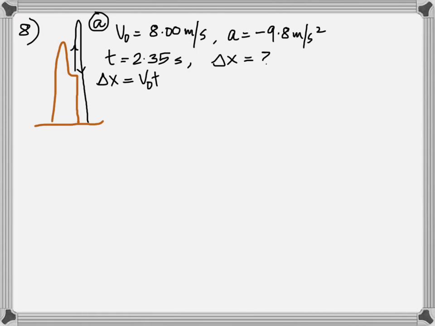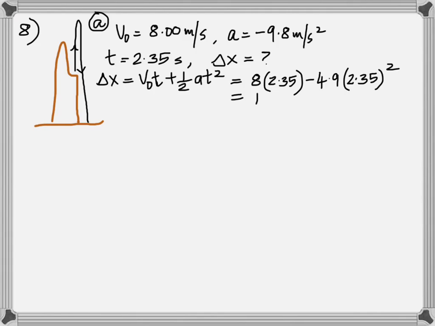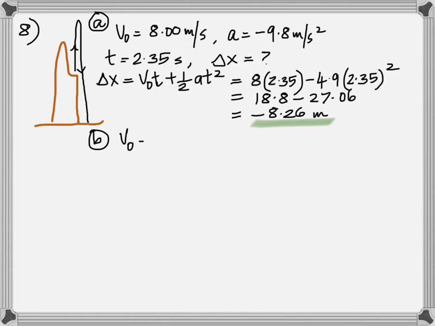And the displacement is given by this equation. You get negative 8.26 meters. Okay, in the B part.